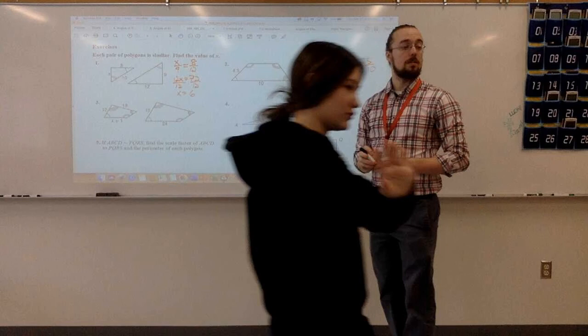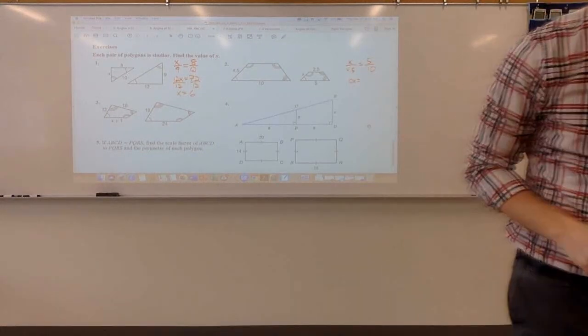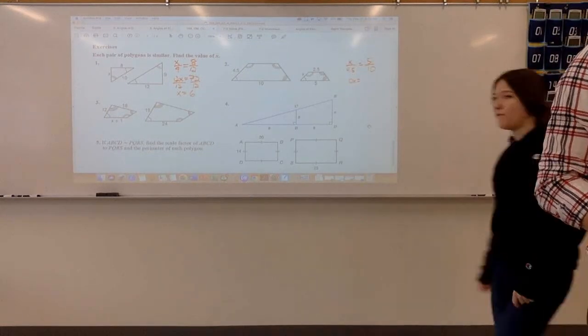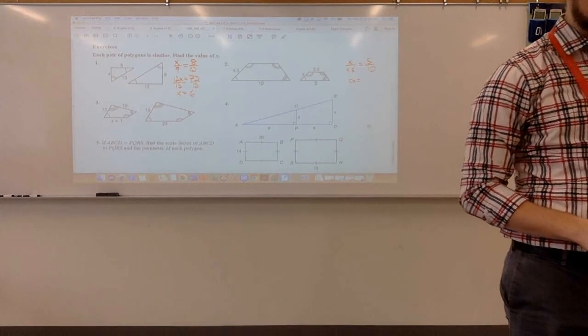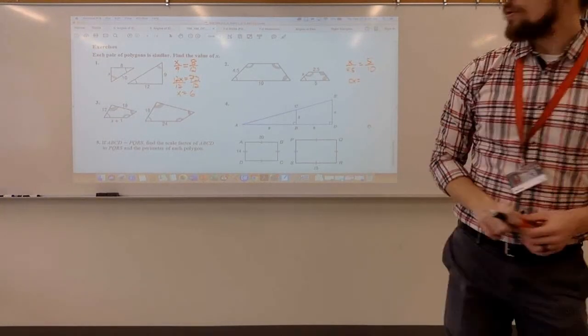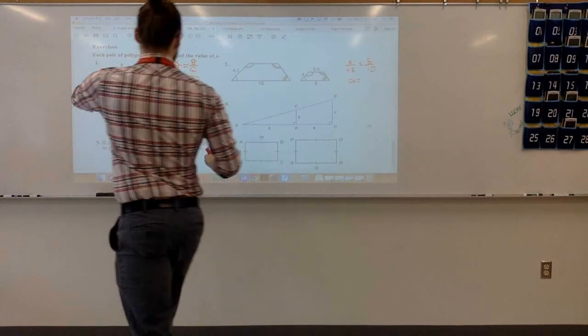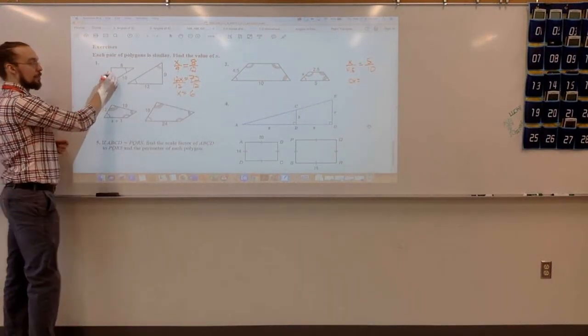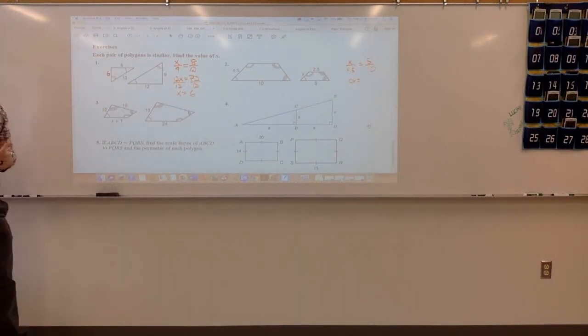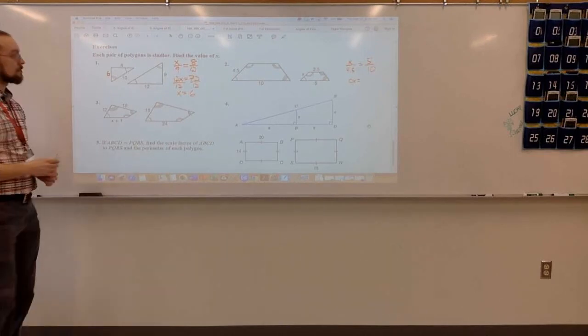Once we get x equals 6, can we do anything else? Nope. This one just says find x, so that's it. That's your answer. Well, so that's just the missing side. So we found that missing side is 6, but that's all it wants you to find. So 2 is the same way? Yep.